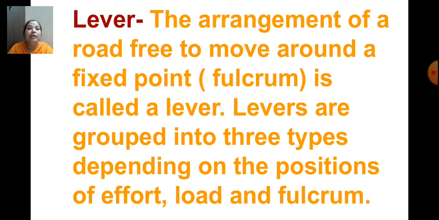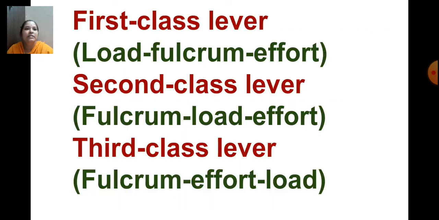There are three types of lever: first class lever, second class lever and third class lever. And the difference between these levers is the placement of effort, fulcrum and load. Let us see more about lever.